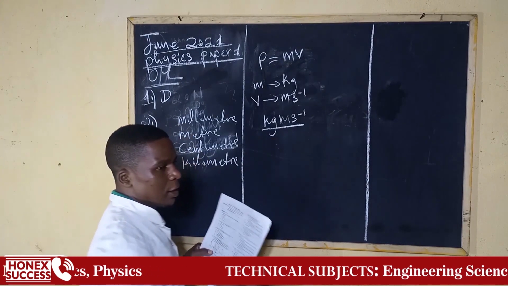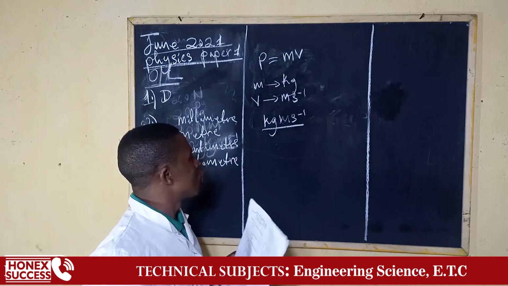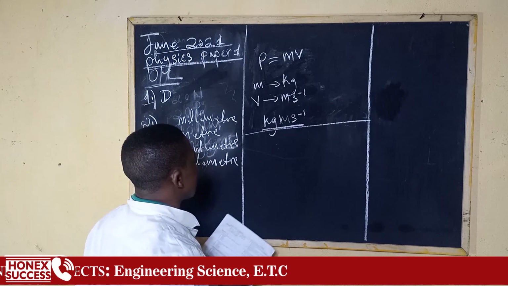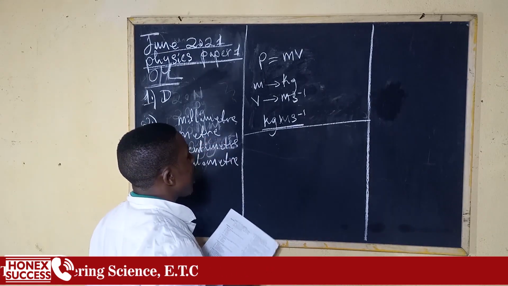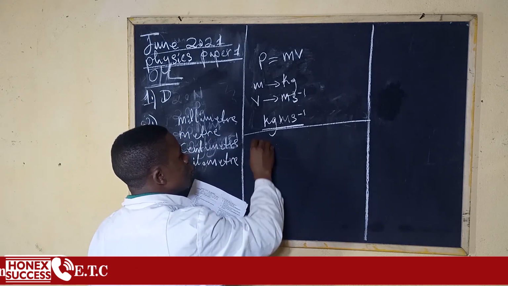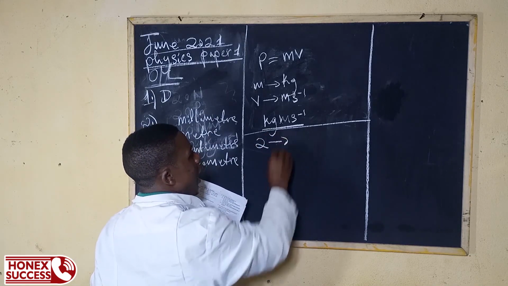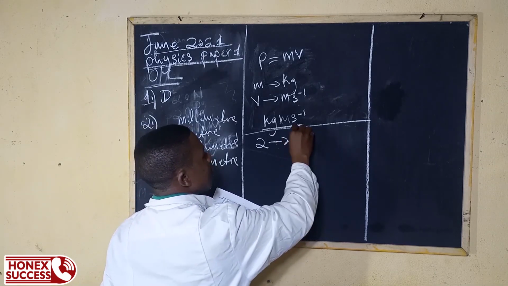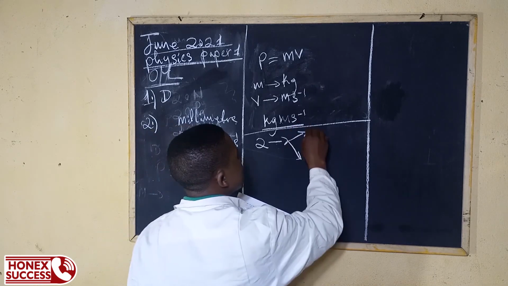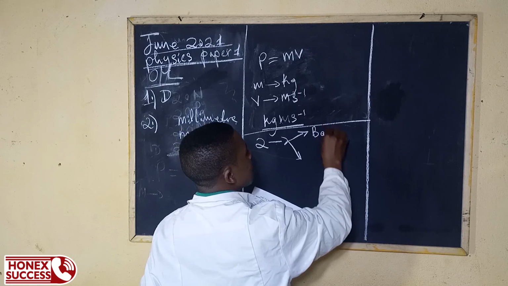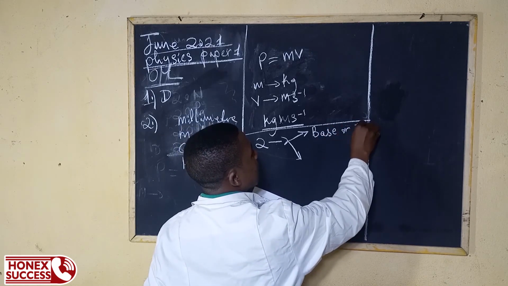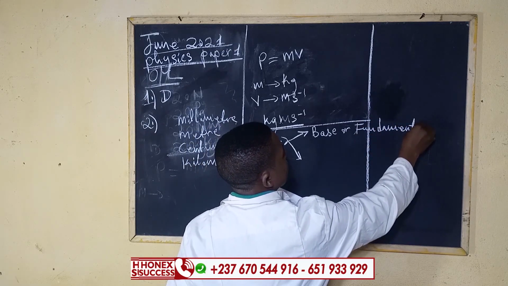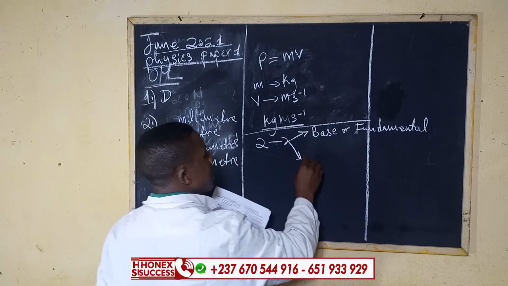We are asked that the base unit of length is, okay, you need to get to your lesson on physical quantity, which was done in Form 3. You remember that when physical quantities are being treated, they are divided into two. These 2 types of physical quantities are, the first one, base or fundamental physical quantities.